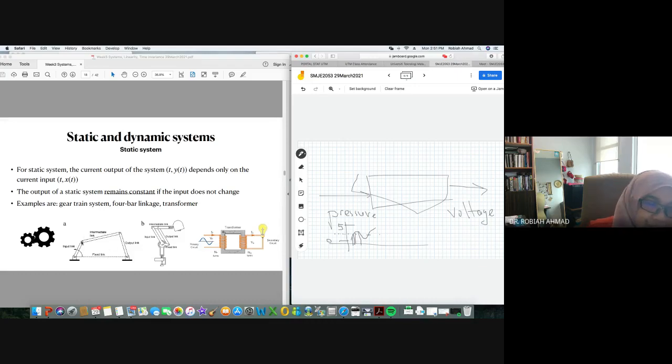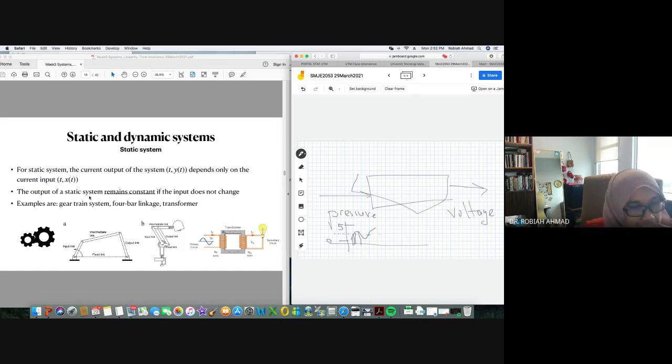The same goes for this falling bar, or simply a lamp: with one input link, when you pull here, the output moves based on the input. So the output of a static system remains constant if the input does not change, it does not move.